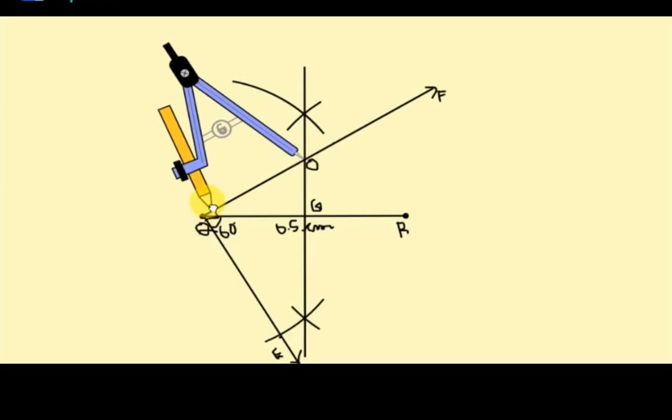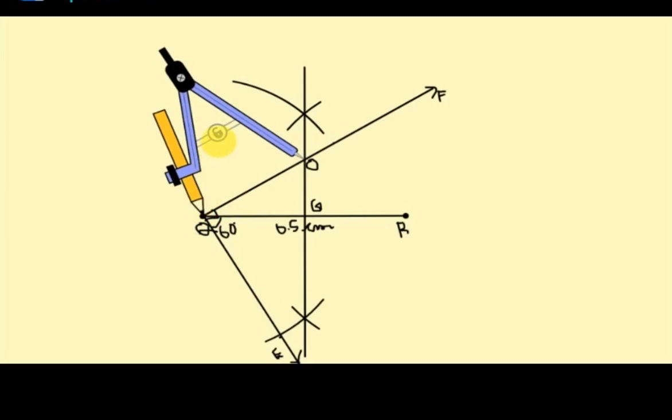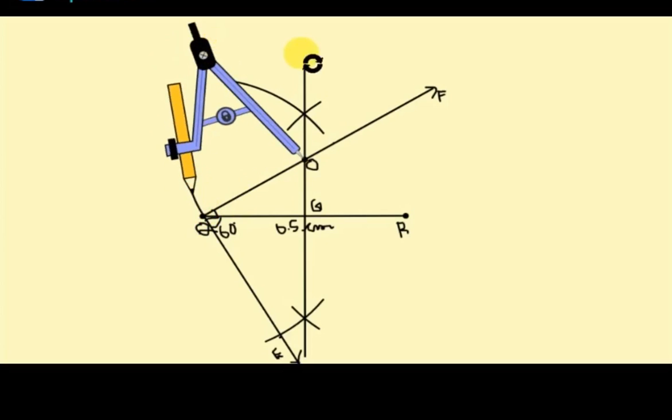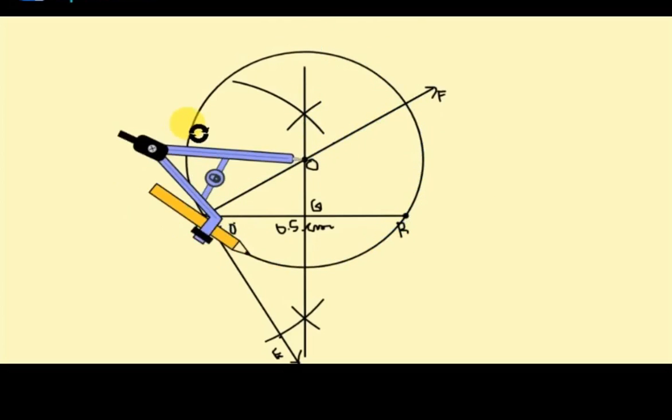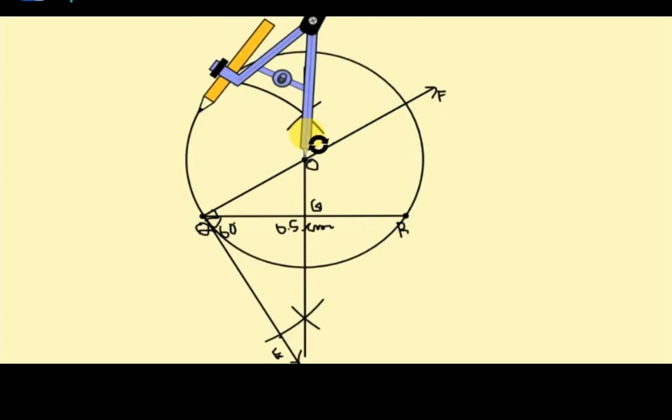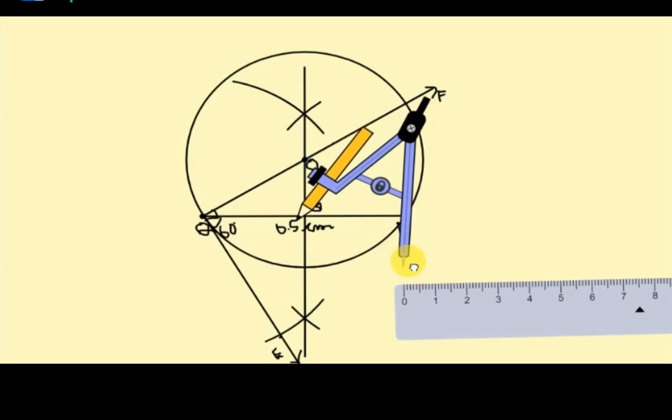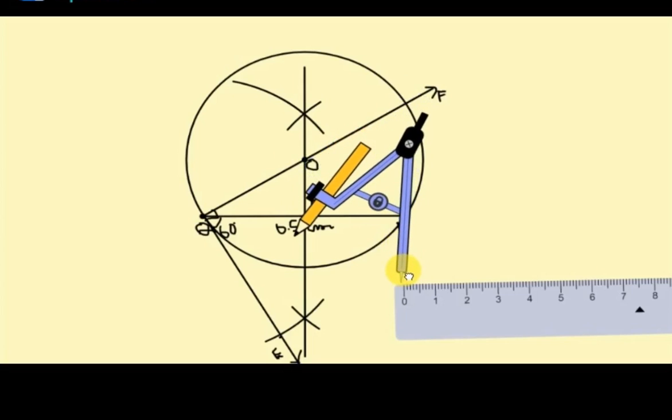Now measure QO and make a circle over it. So we have got our circle. Here Q and R are the chord of the circle, and QE is the tangent of the circle.